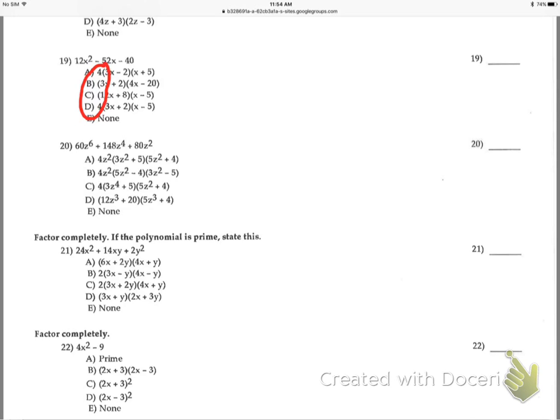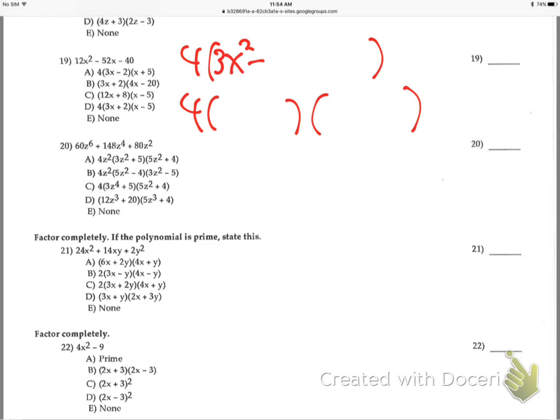So you see what I'm saying? You see that 4 and you go, okay. But you've got to do the one big parenthesis with the 4 before you do the 2, right? You with me? So as soon as you see that 4, do the 4 with the one big parenthesis. Which would be 4 times 3x squared minus 13x minus 10.